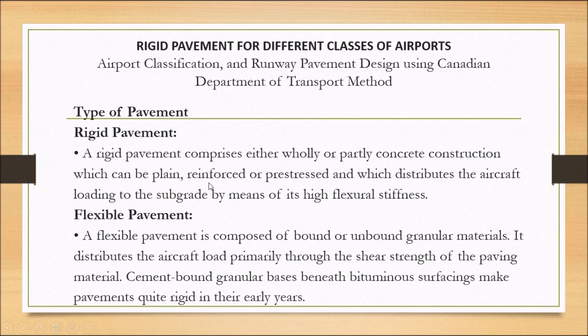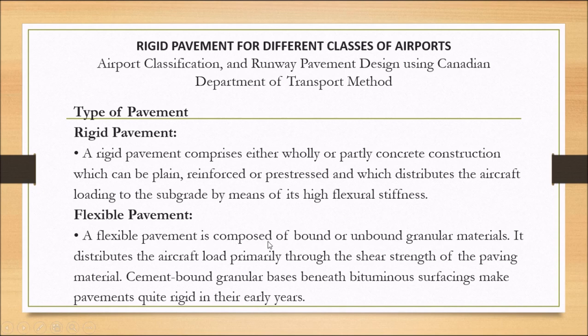Next, we look at types of pavement. We have rigid pavement. A rigid pavement comprises either wholly or partly concrete construction, which can be plain, reinforced, or pre-stressed, and which distributes the aircraft loading to the subgrade by means of its high flexural stiffness. Flexible pavement.